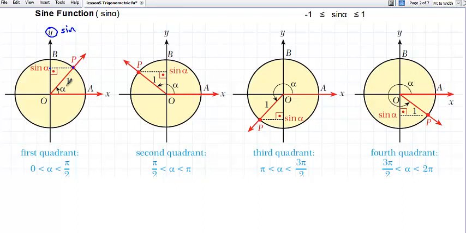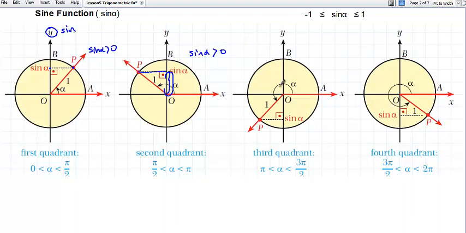In the first quadrant, sine alpha is positive, greater than 0. In the second quadrant, for finding sine alpha, you should find the length of this part. This length is again positive.